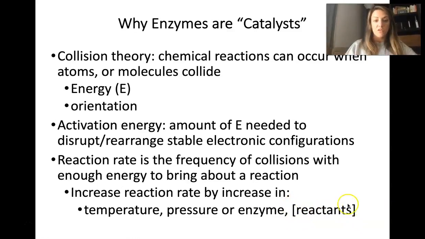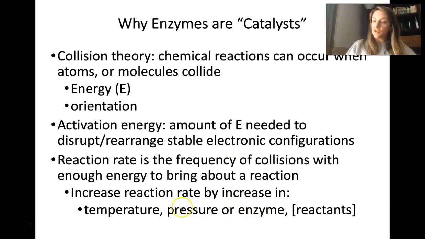Okay, so things are bouncing around. If they hit each other more, they're more likely to interact and cause that product to occur. Temperature speeds up reactions because the molecules are moving faster. That's what heat is. Molecules are moving faster, and as they hit each other more often, you're more likely to get the products.